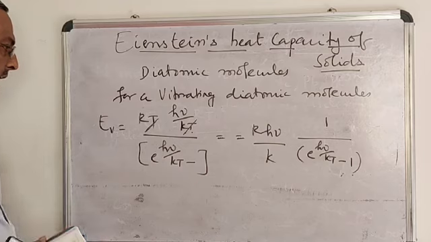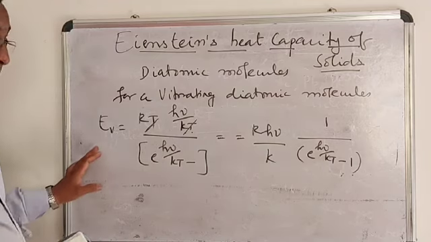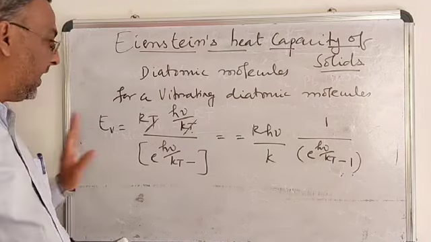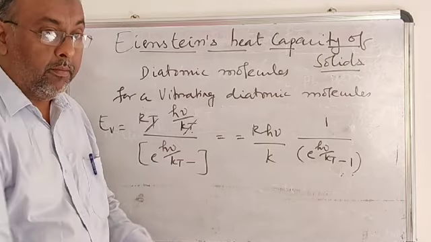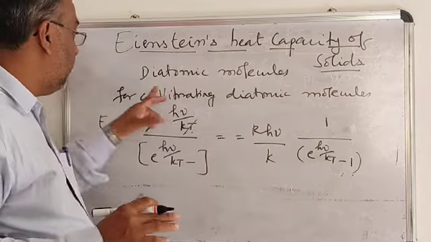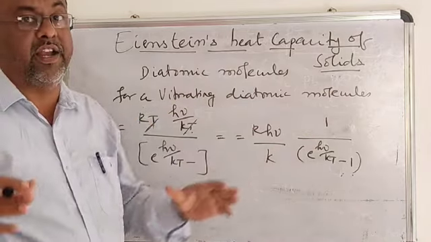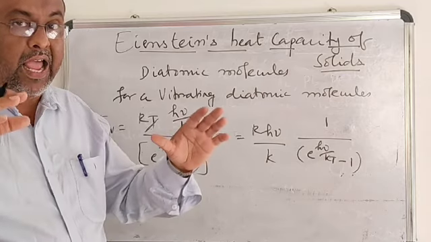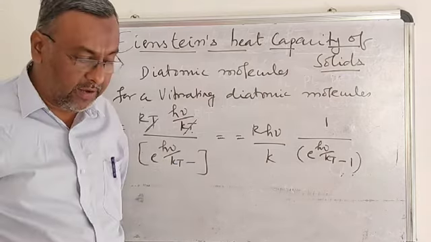Now we are going to find out the average energy of vibration, because a large number of atoms are vibrating in a crystal. So we have to take the average energy of vibration.